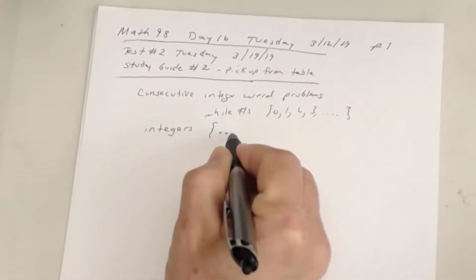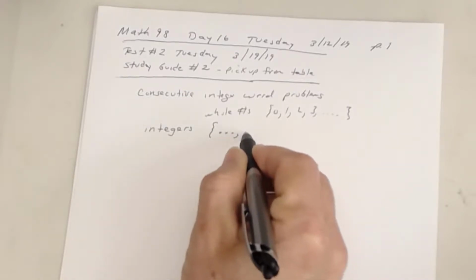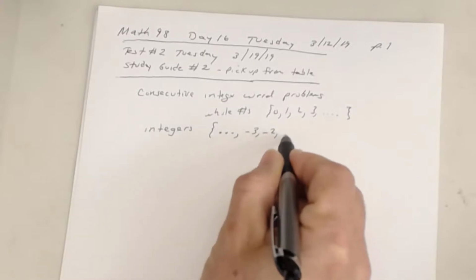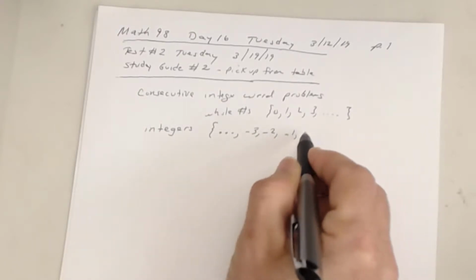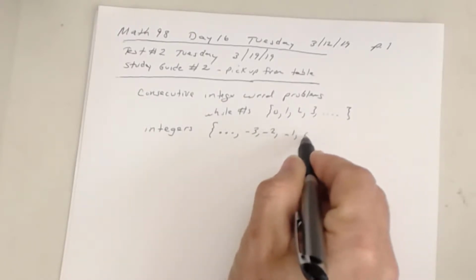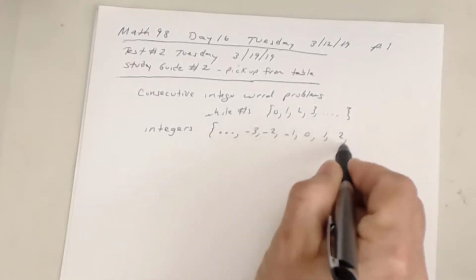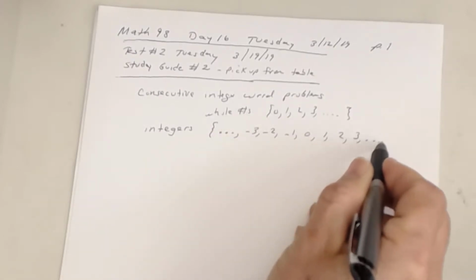It'd be dot, dot, dot, comma, and then we could say negative 3, negative 2, negative 1. What is the next one? 0, 1, 2, 3, and so on, right? So there are an infinite number of integers, just like there are an infinite number of whole numbers, an infinite number of rational numbers, and so on.